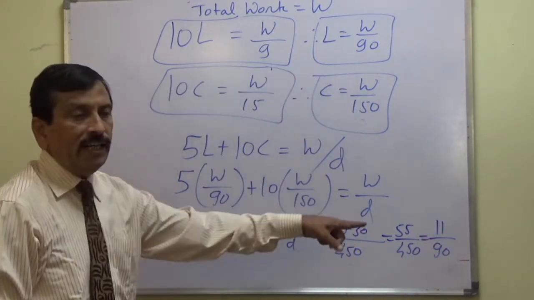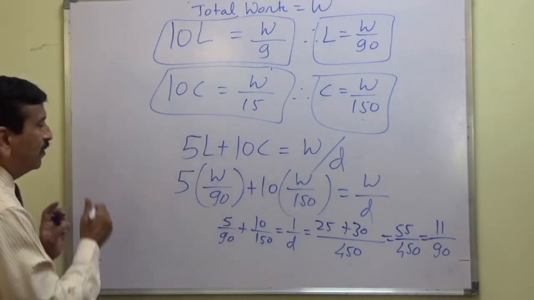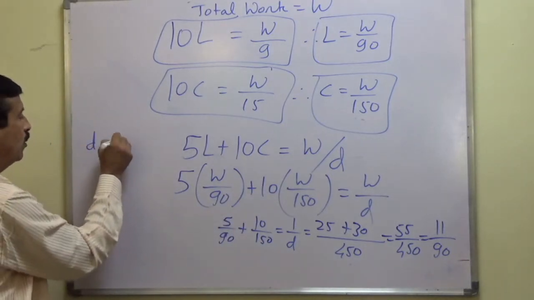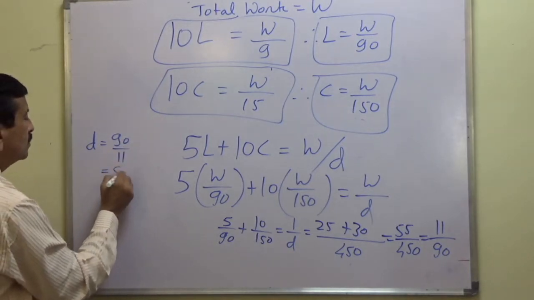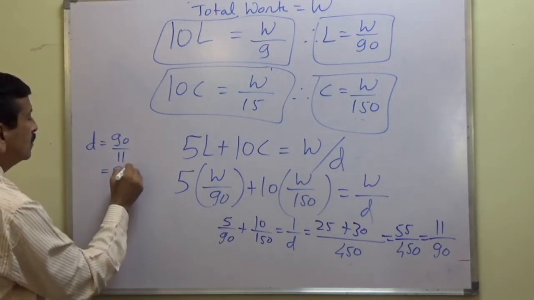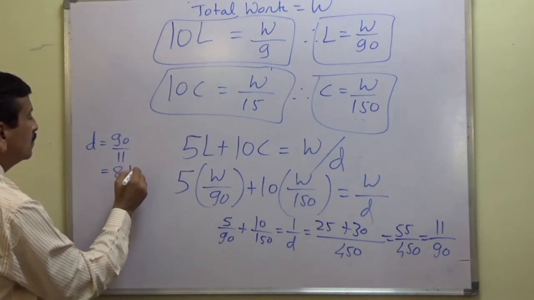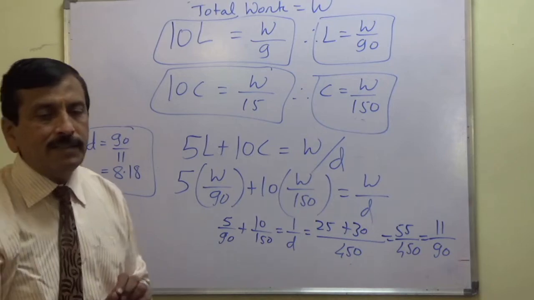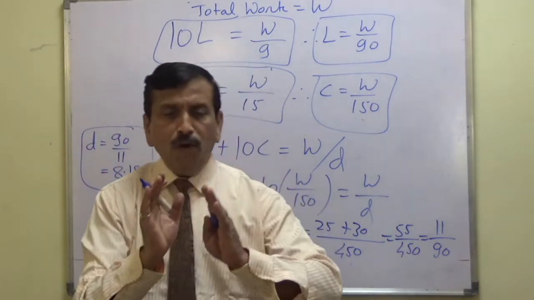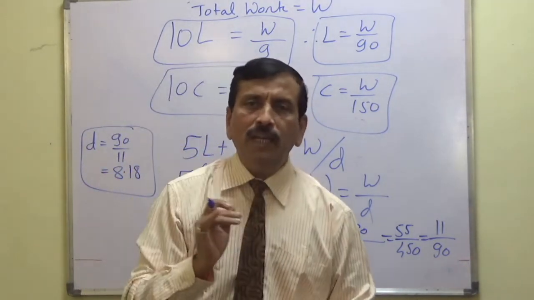So 1 by D is 11 by 90, and therefore I'll get D is equal to 90 by 11 is equal to approximately 8.18 days. Thus once we formulate the problem, solution becomes very easy.